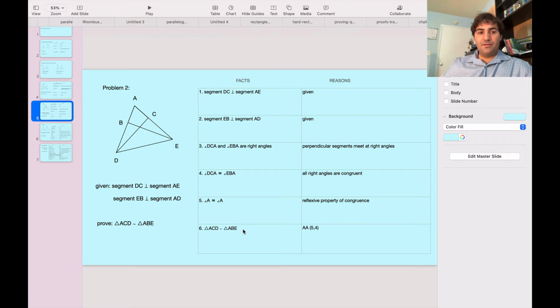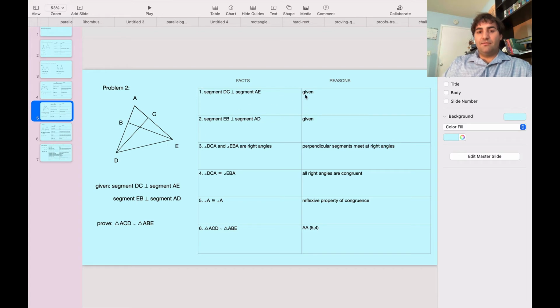So here we're given this triangle, a larger triangle ADE, and then we have these two smaller triangles that are kind of like inside. So we're given that segment DC is perpendicular to segment AE, and segment EB is perpendicular to segment AD. And we want to prove that triangle ACD is similar to triangle ABE.